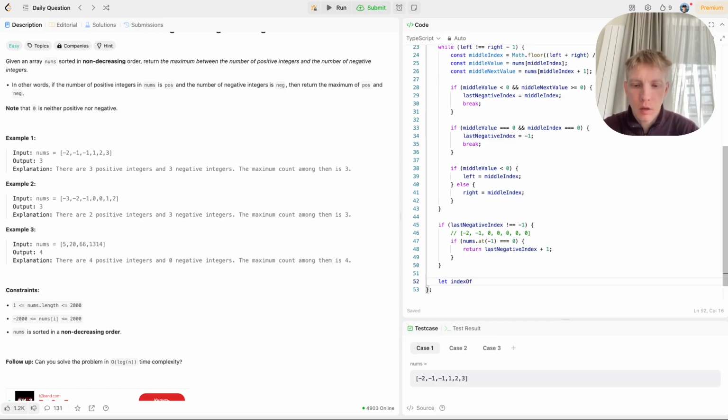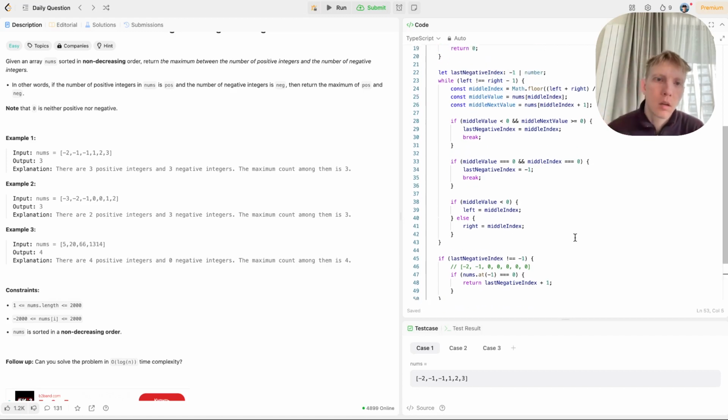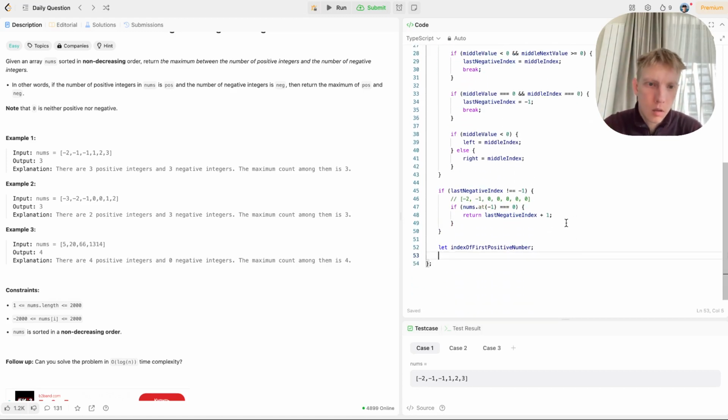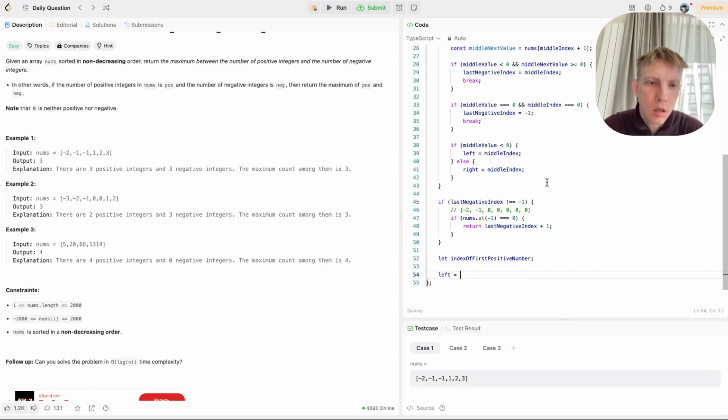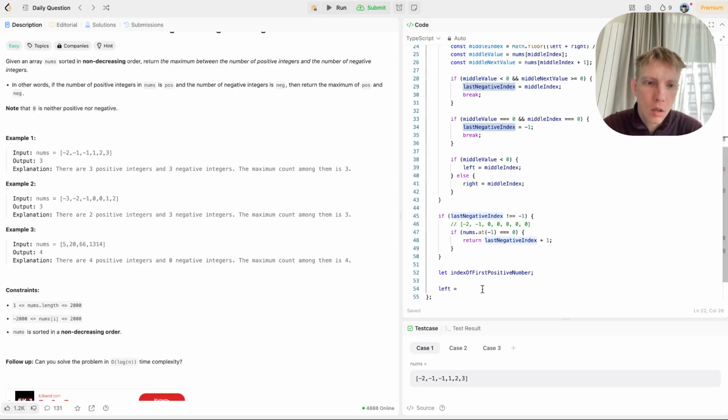Index of first positive number. Left equals to... but we can also have -1.